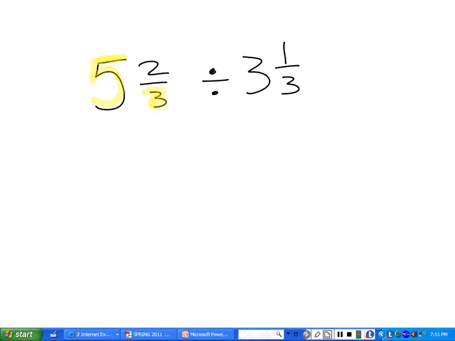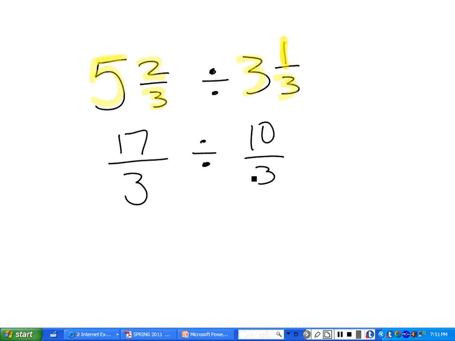We get 15, and we're going to add the 2 and get 17. 17 divided by 3. Alright. Then let's go ahead and change this 3 1/3 to an improper fraction. So we have 3 times 3 is 9, and then we're going to add this 1 and get the 10. 10 divided by 3.